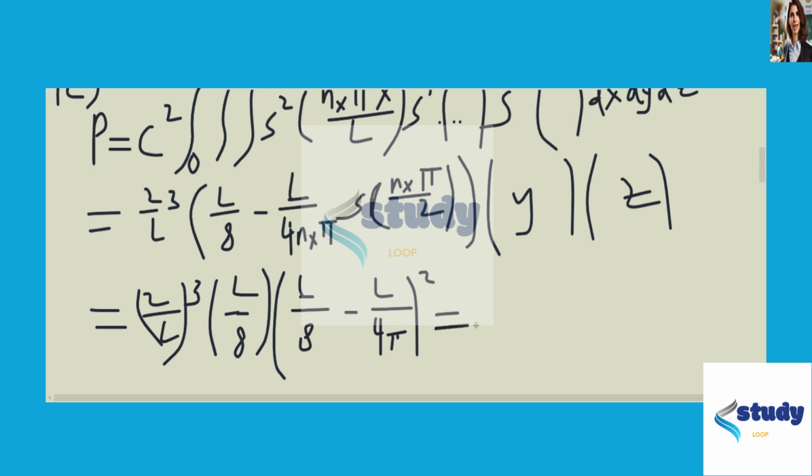We notice the L's cancel, and this comes out to equal 2.61 times 10 to the minus 3. We can box this as the solution to our question for part C.